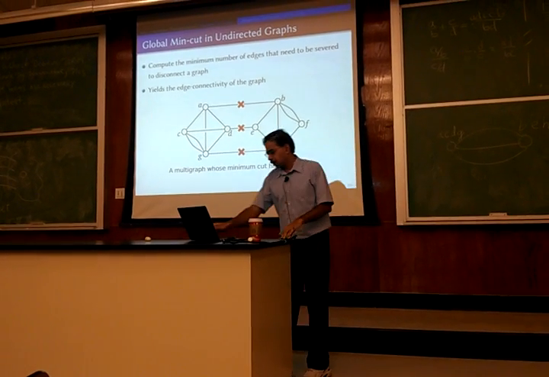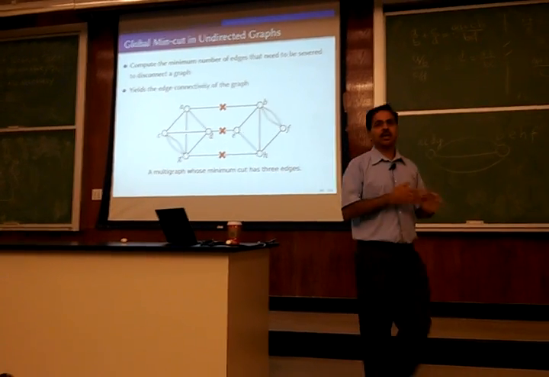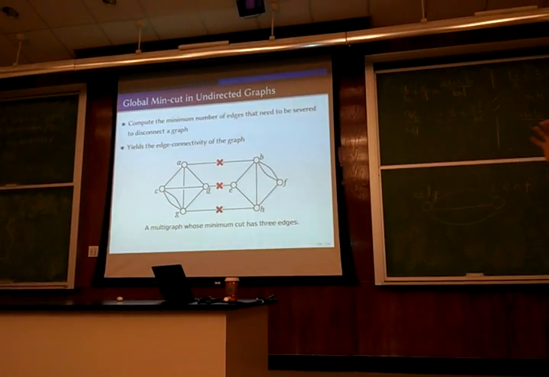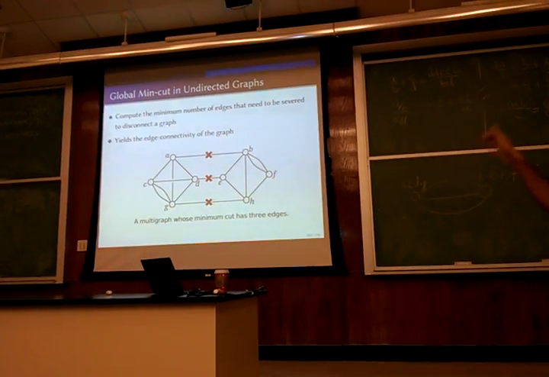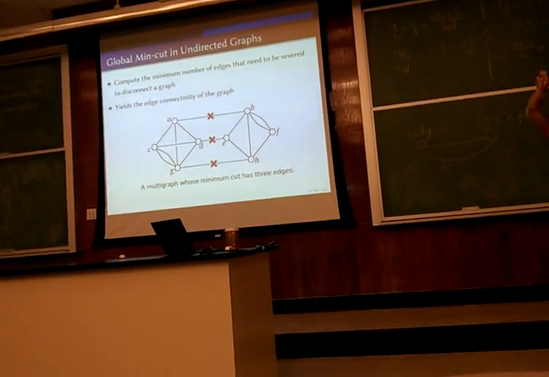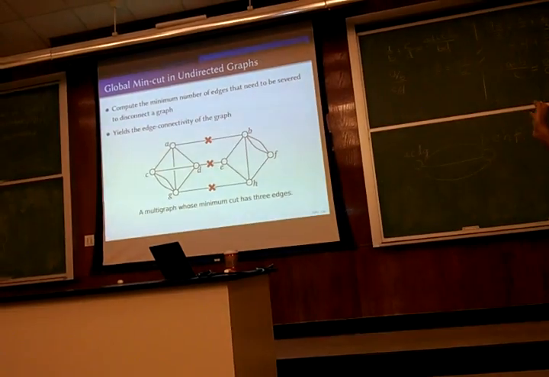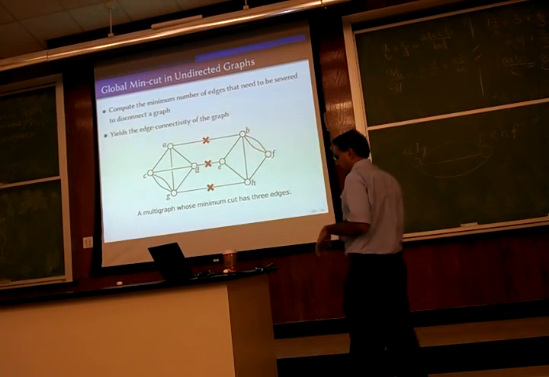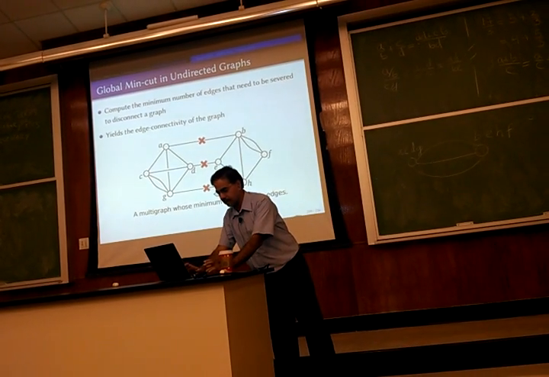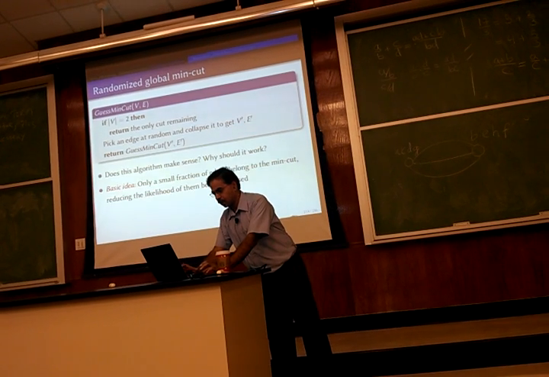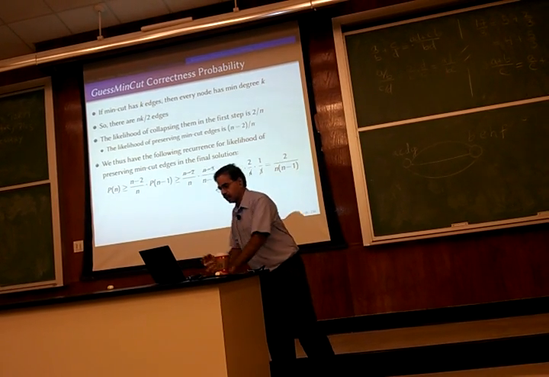Okay? So again, the algorithm has two parts. One is to understand why at the end of it, it at least gives you a cut set. And once you understand that, the rest is some mathematical analysis, which I will very quickly summarize again.